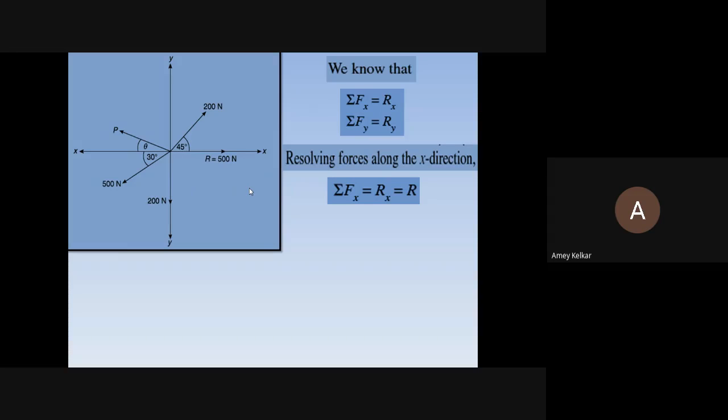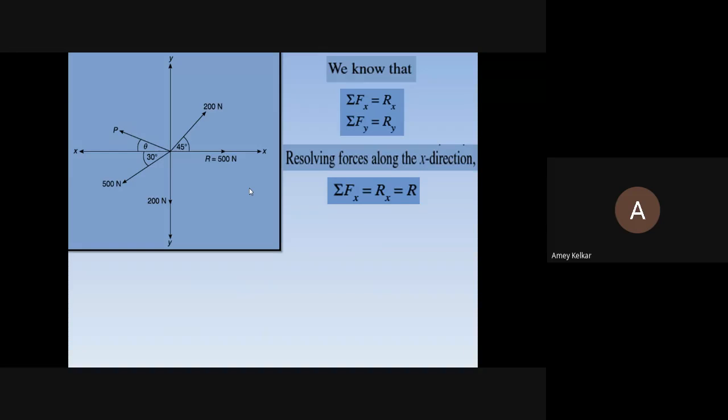But luckily, in the problem, R is given as 500, which is acting along the x-axis itself. So there is no Ry component. This is one more important point in this example. Why is there no Ry component? Because your resultant is acting along the x-axis only.